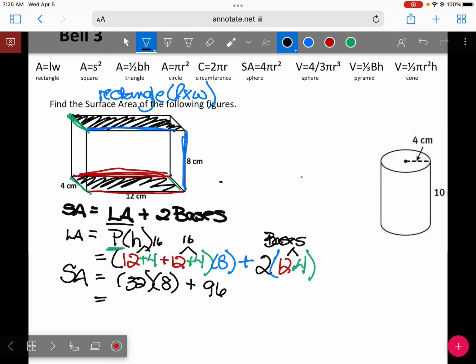And I need to multiply 32 times 8, 256, plus 96. 6 and 6 is 12, bless you. 15, looks like 352 centimeters. And this is surface area, it's still area, so it's going to be squared, because it is area.